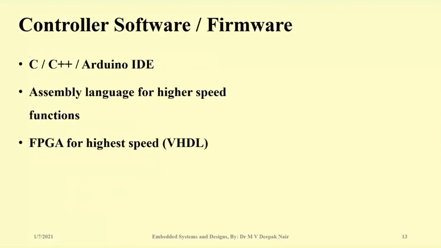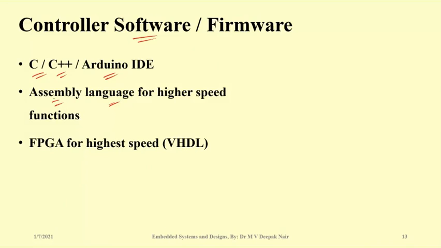Okay, now when we say the software part, in the software part we will have some languages. Preferably I am going to use C or C++, embedded C. Or you can have some IDEs like Arduino IDE, IAR, Keil, or something like that. You can also use assembly languages for high speed functionalities.